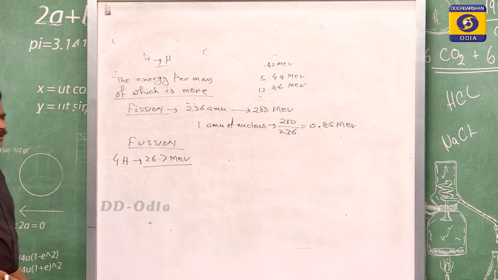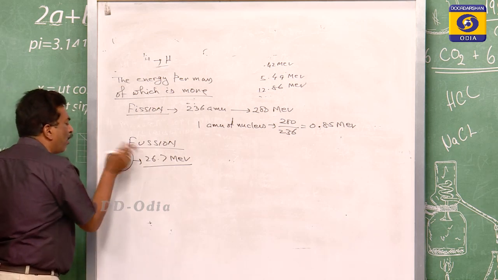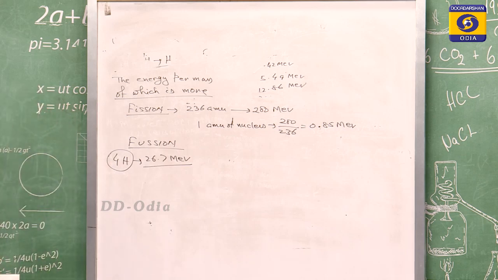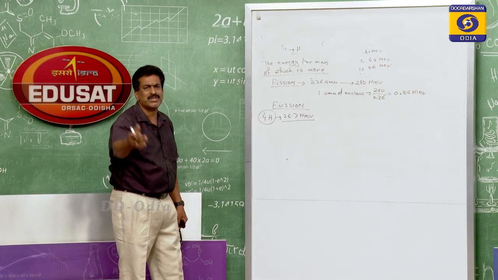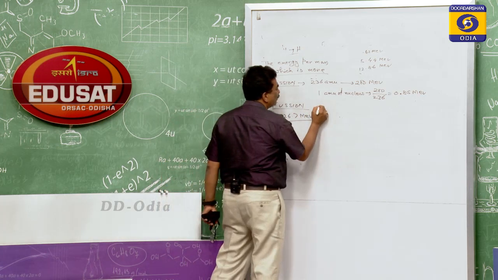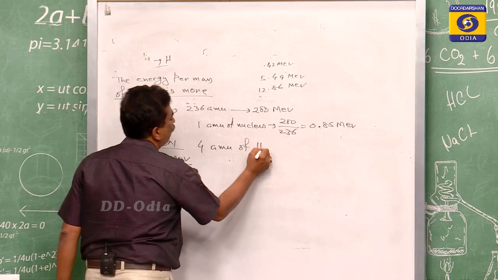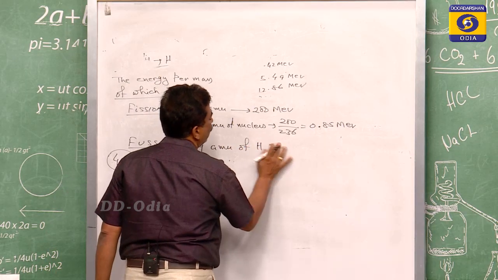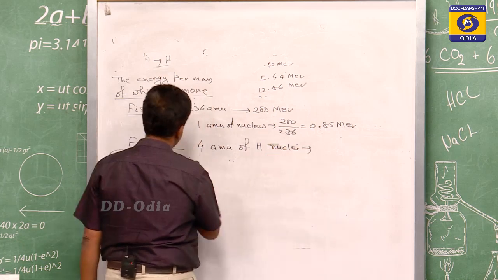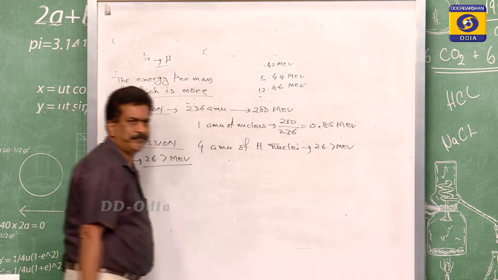If we add them and balance it, it is observed that for 4 hydrogens, 26.7 MeV of energy is released. So 4 mu of hydrogen nuclei releases 26.7 MeV.